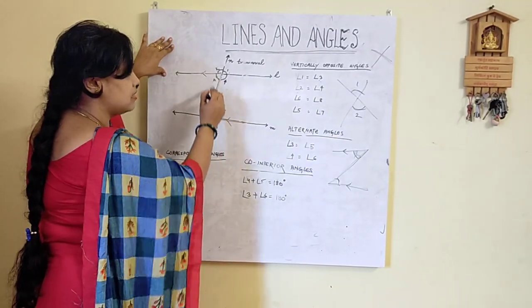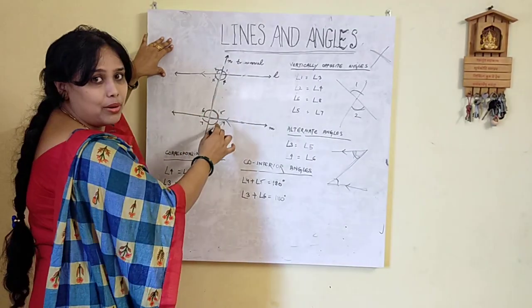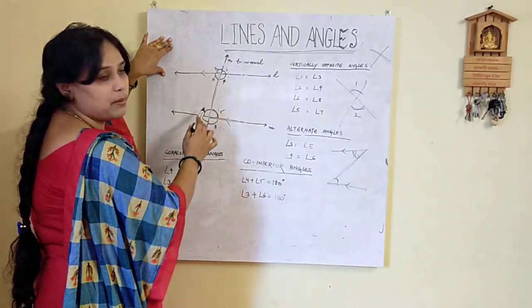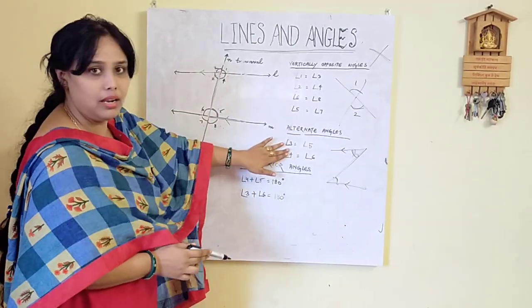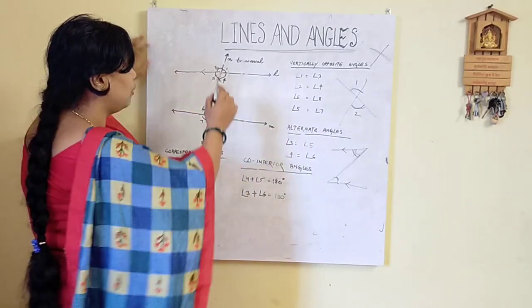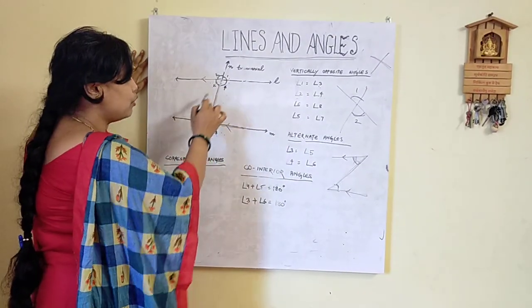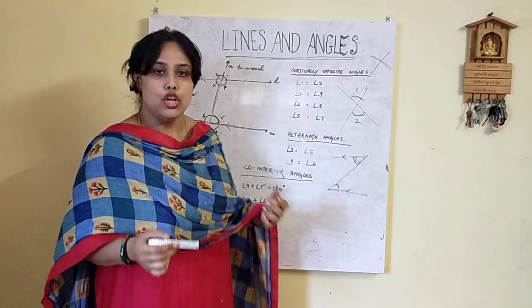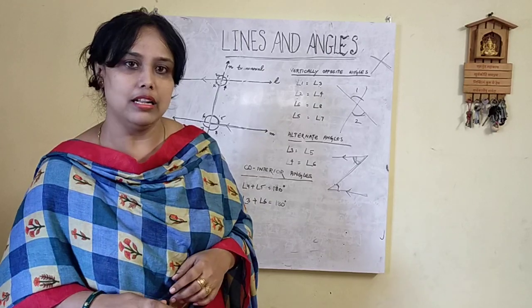This and this, that is 3 and 5, are alternate angles. So angle 3 is equal to angle 5 and angle 4 is equal to angle 6. The rule is that for two lines to be parallel, alternate angles should be equal.